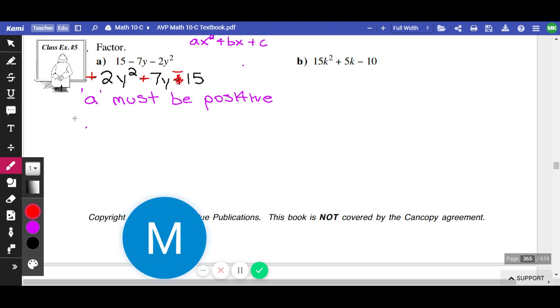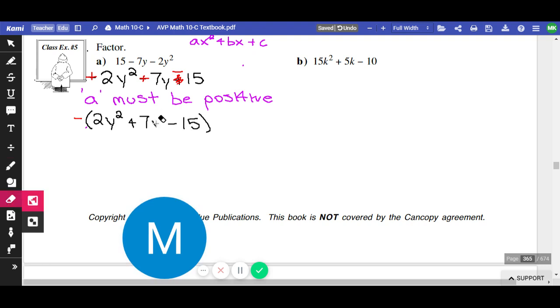And we do that by putting a negative outside and then putting it in brackets, like that. So I changed all the symbols. I factored out a negative 1. I took a GCF of negative 1.